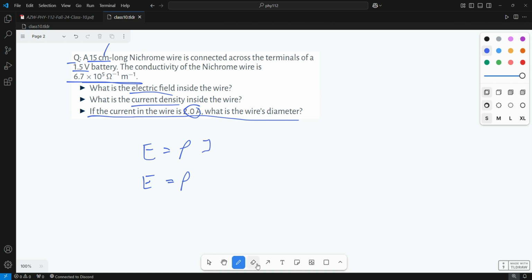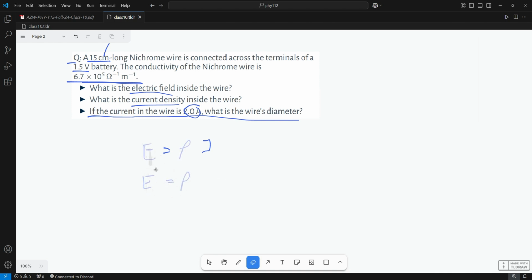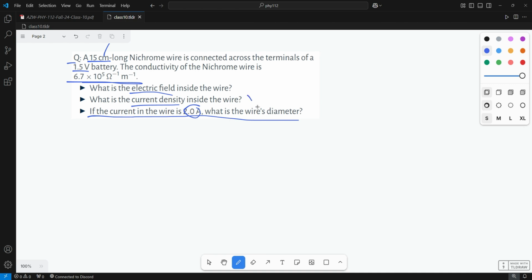Oh, we can just use the current density. We don't need to do all this. We can just use the current density that we found from here.